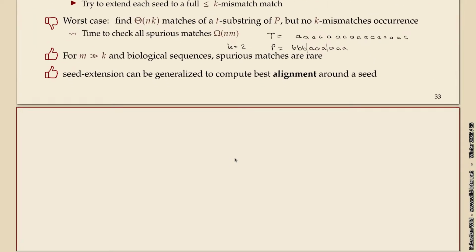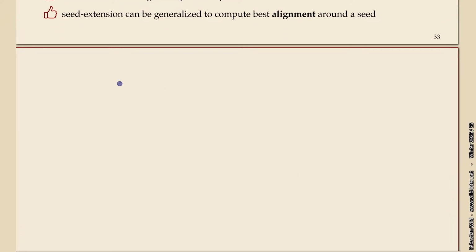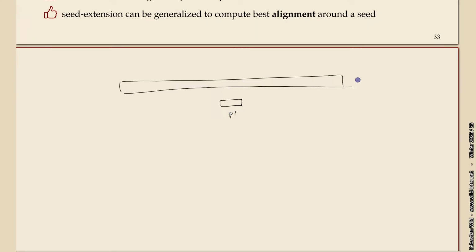okay, let me draw this properly so that it's not just this side remark here. This is the entire text, and here is a snippet of my pattern that I found exactly matches the text at this part. I can try to extend this to, say, an edit distance at most k match.